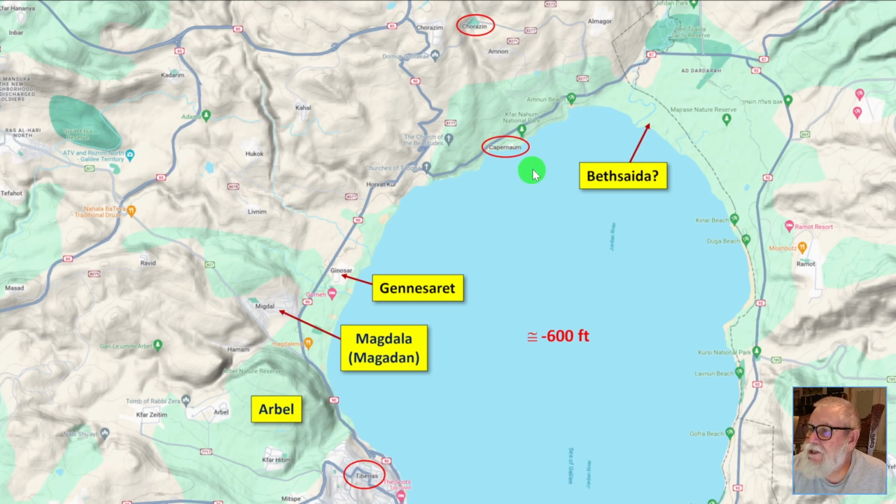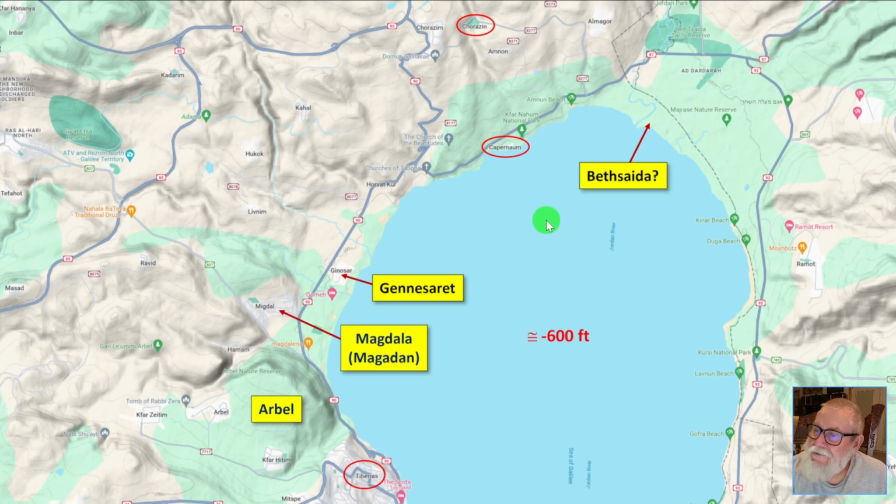And it's just to the west of where the Jordan flows into the Sea of Galilee from the north, from a place called Caesarea Philippi. Now, somewhere on the other side of the river from Capernaum, nobody really knows where, but somewhere along the coast on the other side was Bethsaida, where Philip was from.